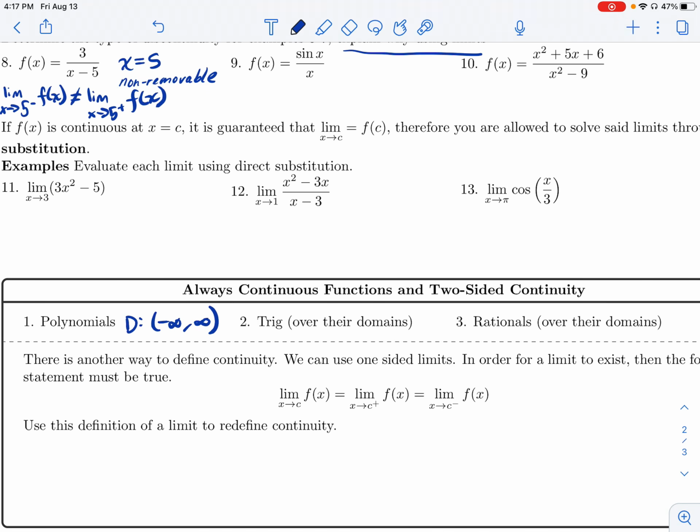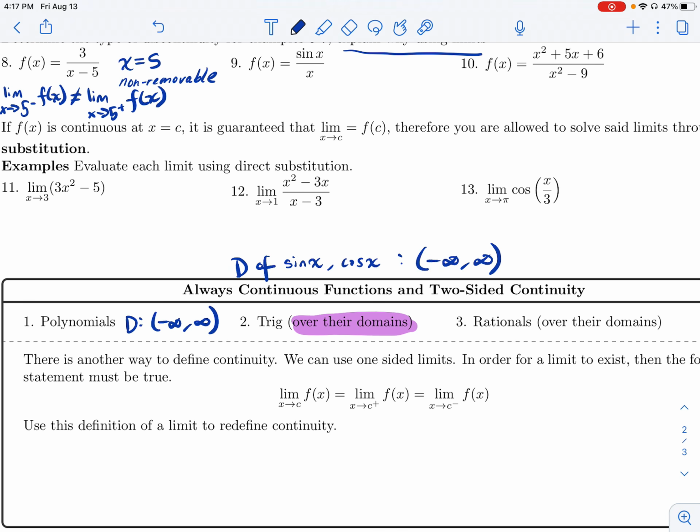It is going to be defined for every real number. Trigonometric functions are always going to be continuous only over their domains. Well, for sine and cosine, the domain is all real numbers as well. Behaves pretty similarly to the polynomial function in that regard.